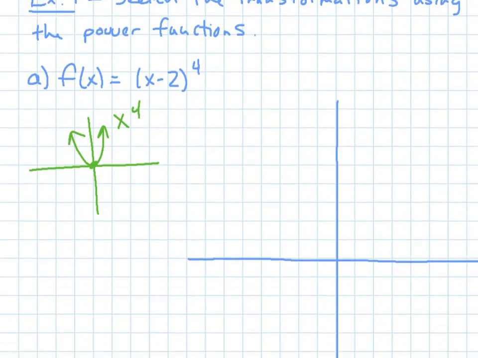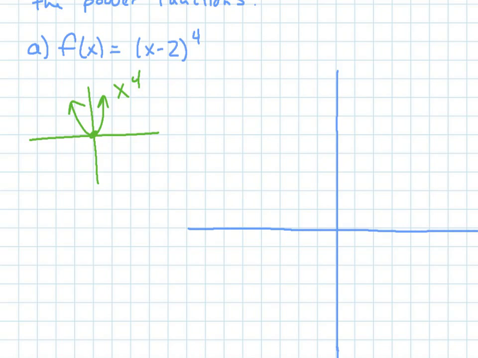So here, if I'm going to graph x minus 2 to the fourth, I want to do both. So x to the fourth, and then I want to show x minus 2 to the fourth. So for my parent function, I'm just going to use 3 points here. So there's my x to the fourth.